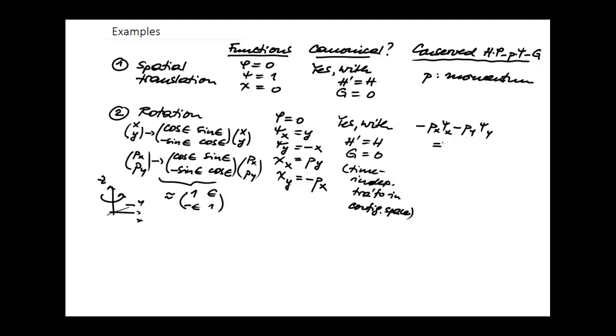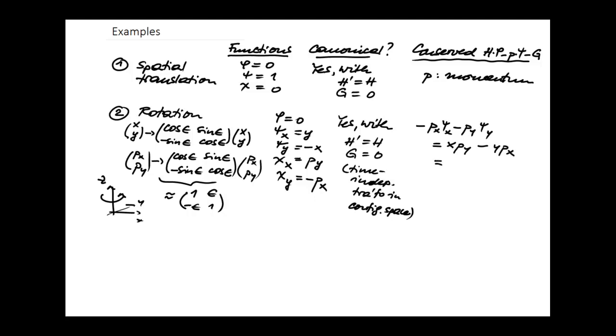Let me start with the second term, the minus py psi y. With psi y equal to minus x, we have then plus x py, and then the other term, minus px psi x, is equal to y, so we have minus y px.